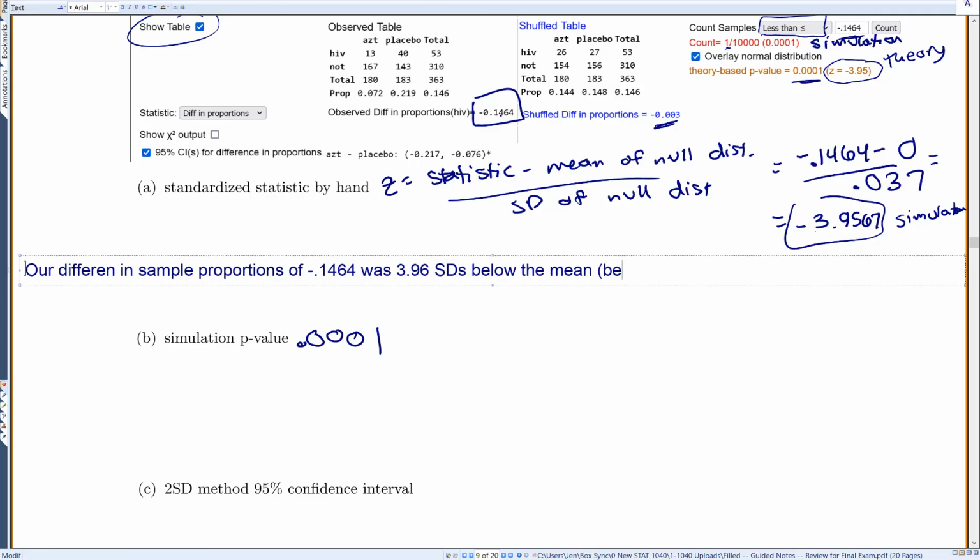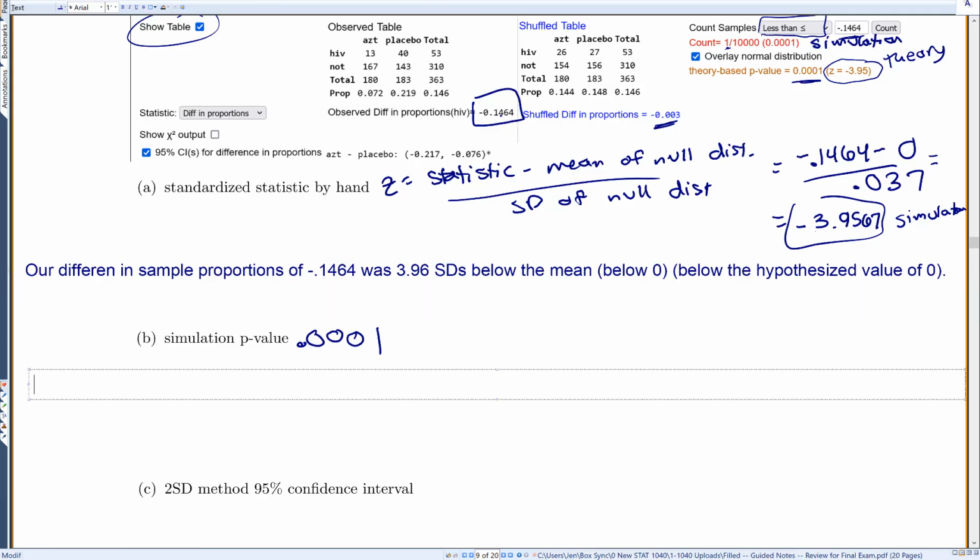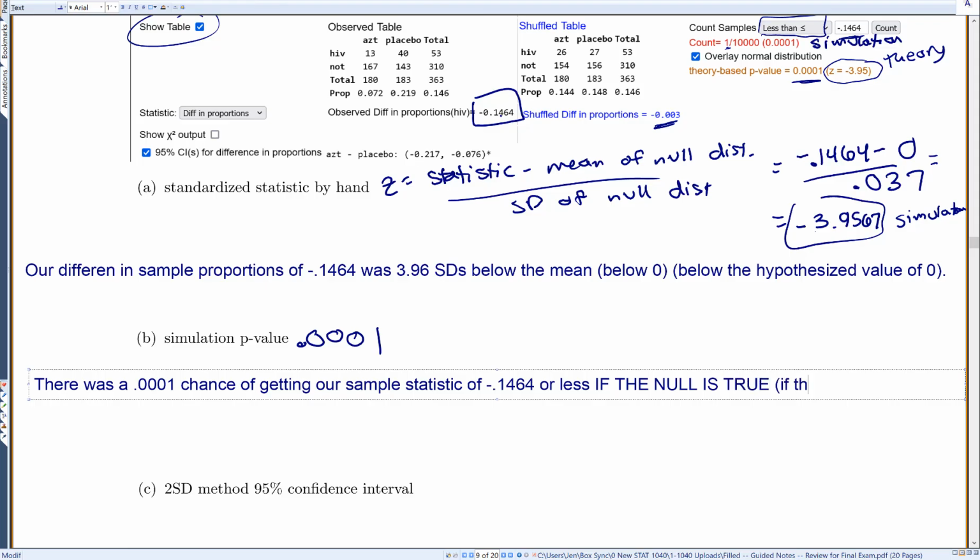Or you could say below 0, or you could say below the hypothesized value of 0. Yeah, all of those would mean the same thing. And your p-value is, there was a 0.0001 chance of getting our sample statistic, or our sample proportion of negative 0.1464, or less, because that was the direction we were interested in, if the null is true. Or in other words, if the population proportions are the same.